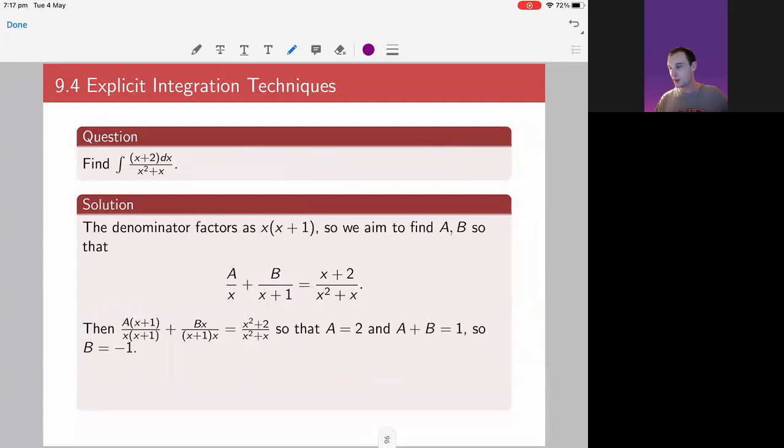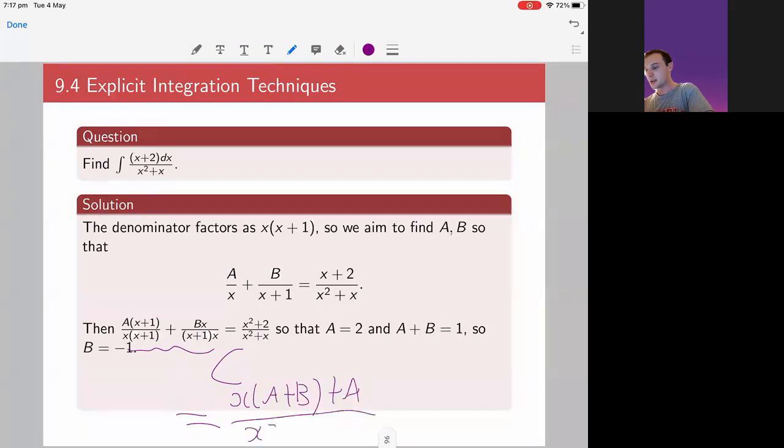Well, if I do that, what I end up with is the following. If I simplify this, I get x of a plus b plus a on x squared plus x. This should equal that fraction there.